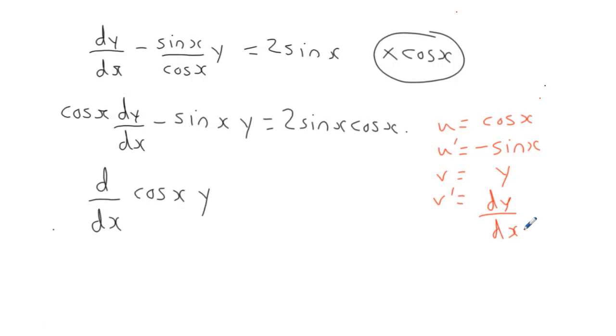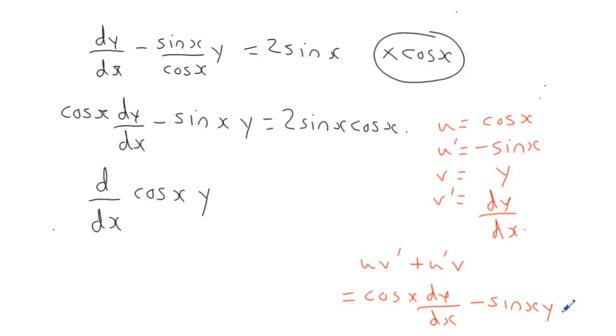If we wanted to write that in the form u v dashed plus u dashed v, that is going to be cos x times dy by dx, plus minus sine x y. So we can see that it is indeed true.